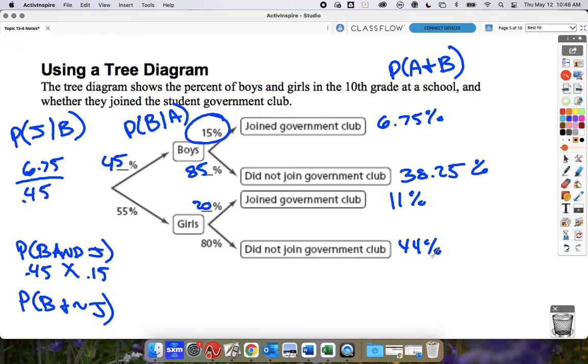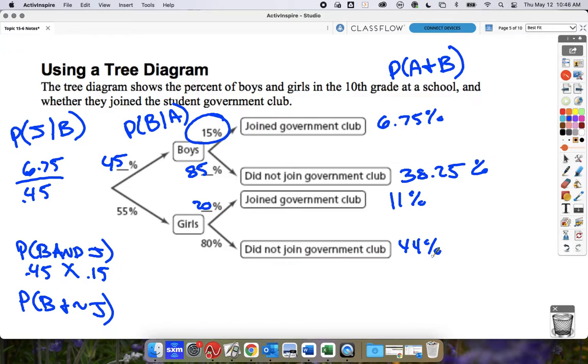If I add all these numbers together, it should give me 100% of the people accounted for in the survey. So what is the probability that you join the club given you're a girl? That's this probability right here.